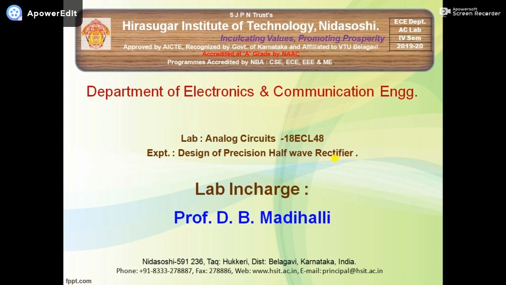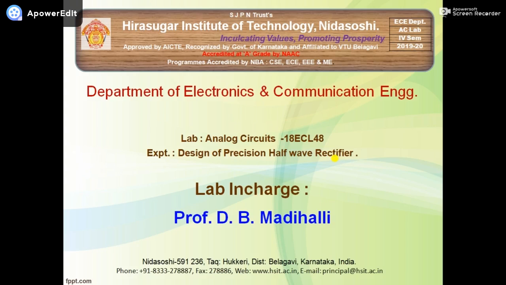To avoid this type of problem, we are using the precision rectifier circuit. With the help of the precision rectifier circuit, we can rectify a voltage below 0.7 volt, or below the cut-in voltage of the particular silicon diode.